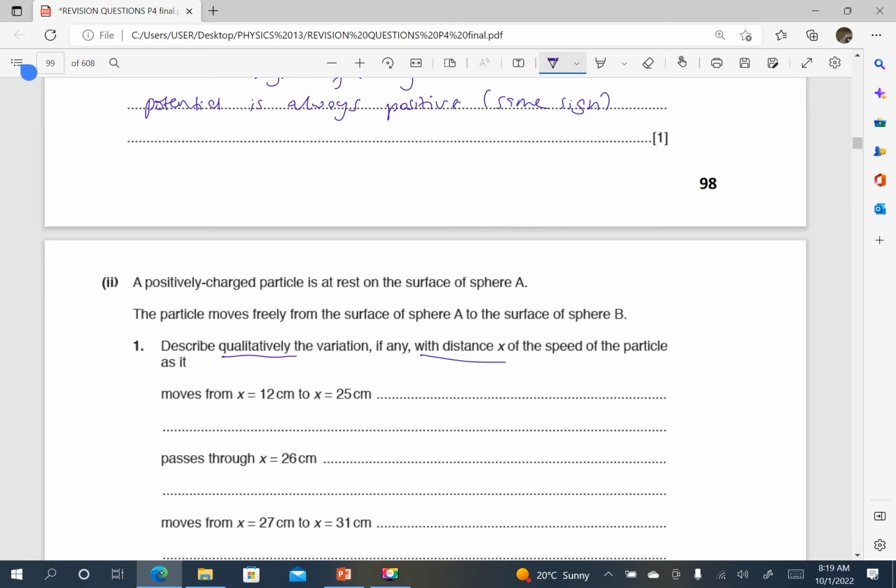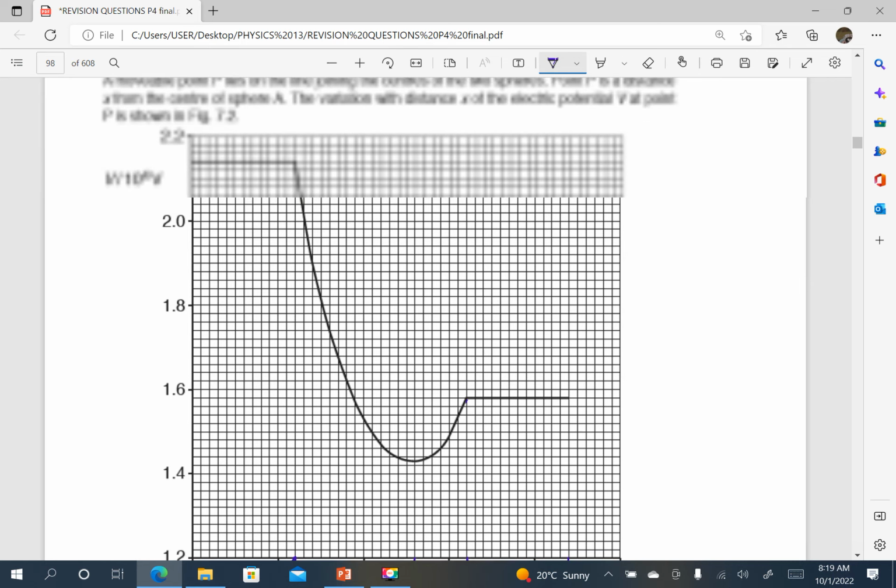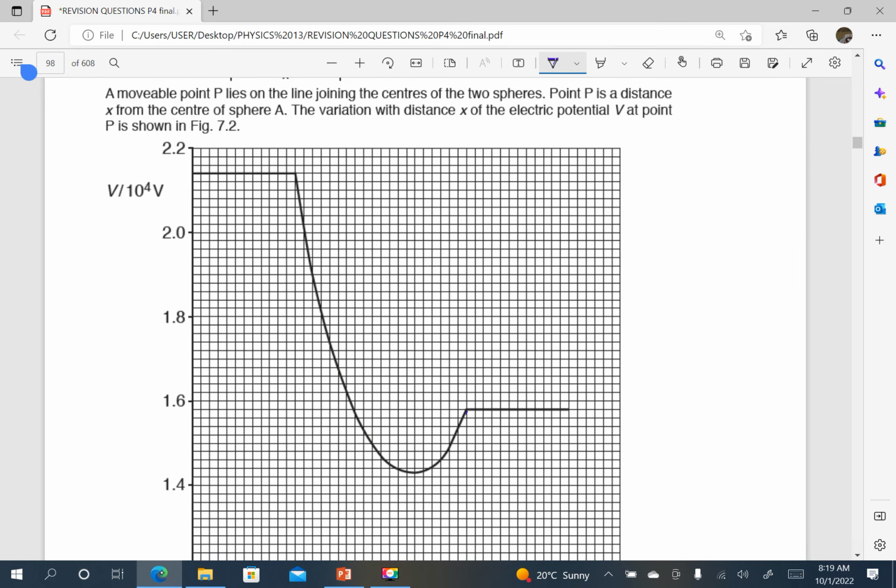First of all, we need to think backwards. We have been given the graph of potential with distance, and we know electric field strength is equal to the negative potential gradient.